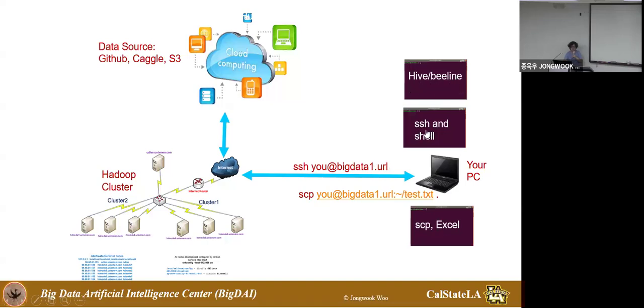And the third one is for your personal computer. It shouldn't connect to the remote server. This is just to download files from the remote server to your own personal computer.